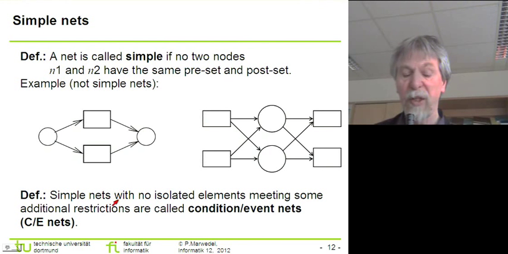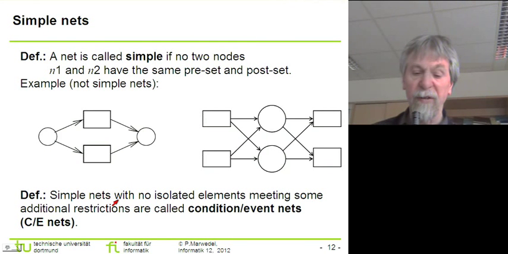For the time being, we are not requiring that these nets are pure, but in certain situations we need these nets to be pure. Also, we require that there will be no isolated elements. That makes a lot of sense, because if we had parts of the nets that contain isolated elements, we should consider these isolated elements separately and not consider the net as a whole.